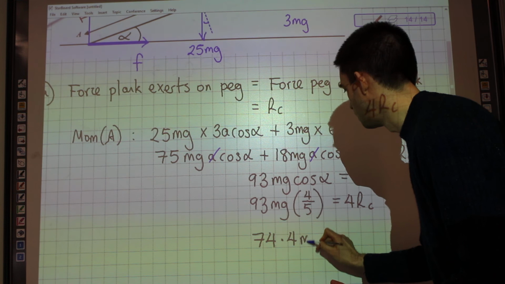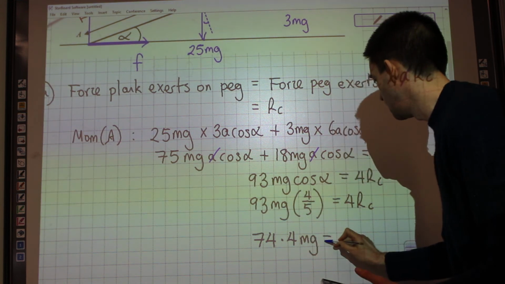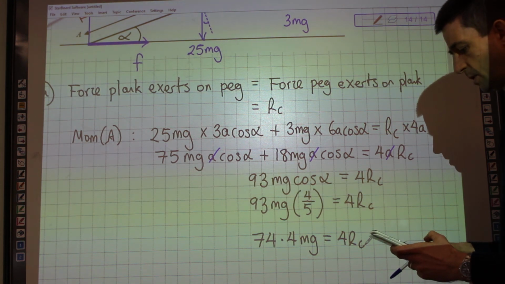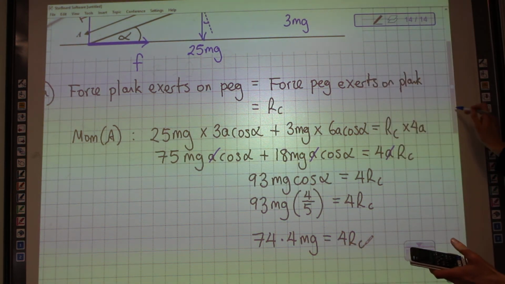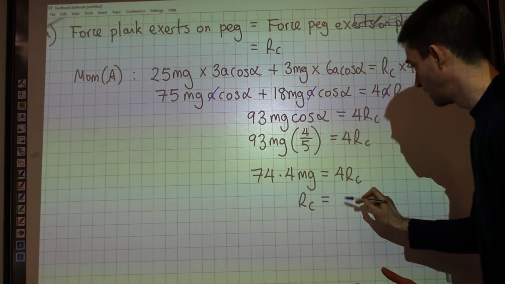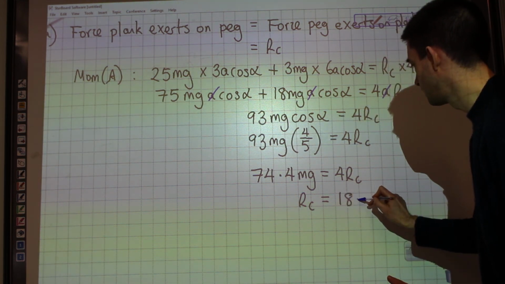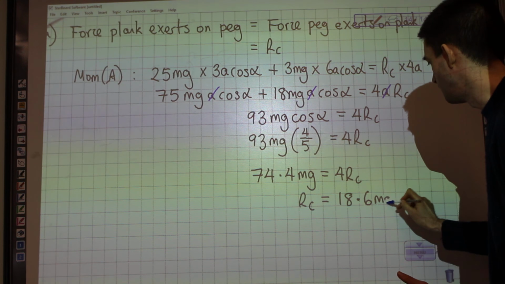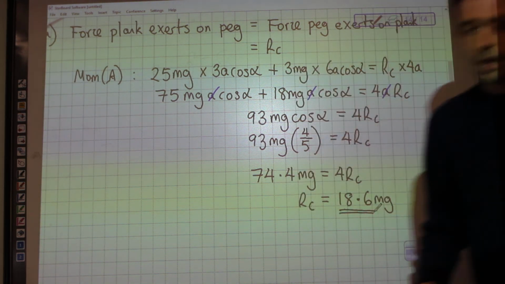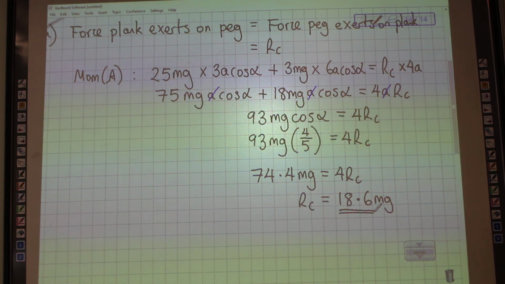So 74.4 mg equals 4 RC. Then dividing by 4, I get that the reaction at C is 18.6 mg. And that is part A done.